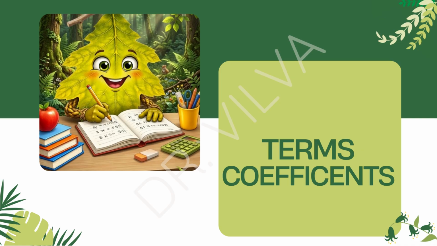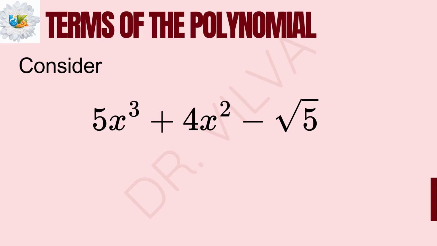Are you ready to take the polynomial game to the next level? We have got the basics down. So, let us dive into the next level: terms, coefficients and the cool visual secret behind zeros. First, let us break down the structure.